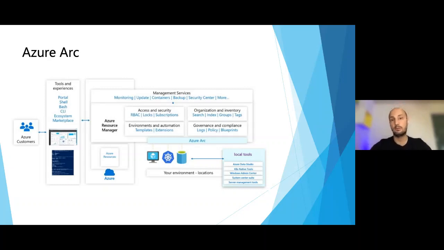That's the feedback I'm getting from my customers and even from my colleagues, that this is where Azure Arc and Azure Hybrid excel, because you manage everything in an automated fashion from one single place.